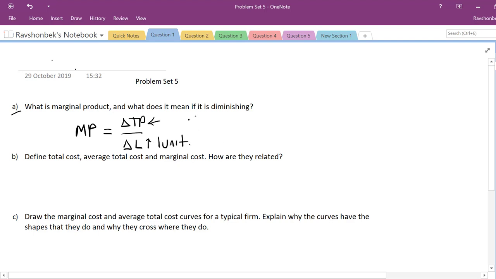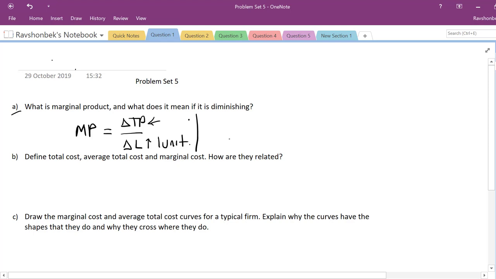That's the marginal product. Now, what does it mean if it is diminishing? Well, when it is diminishing, it means additional labor doesn't produce as much output as the previous additional labor.